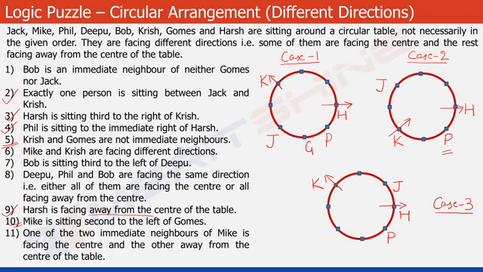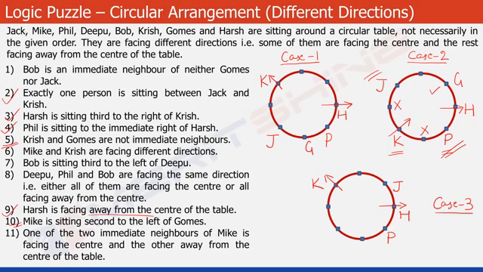Look at case 2. Since Krish is at this position, these two positions are ruled out for Gomes. Now look at this one. If we put Gomes here, the two possibilities for Mike would be either this cell or this cell. But both of them are again occupied, one by Phil and the other by Jack.